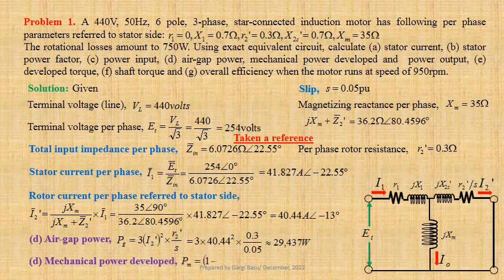Let us now determine mechanical power developed. Pm equals 1 minus S times Pg. Using values we get 1 minus 0.05 into 29,437, which is approximately equal to 27,965 watts.